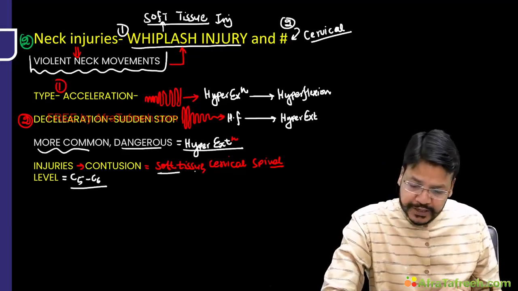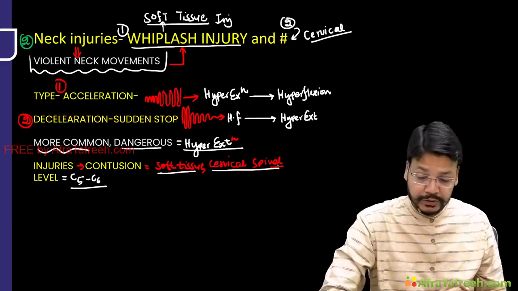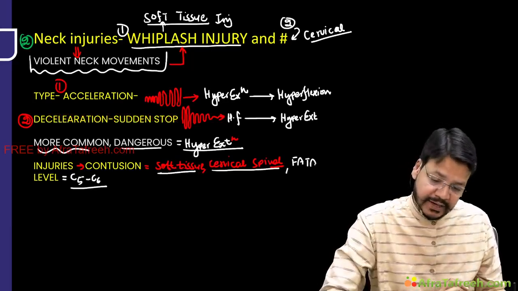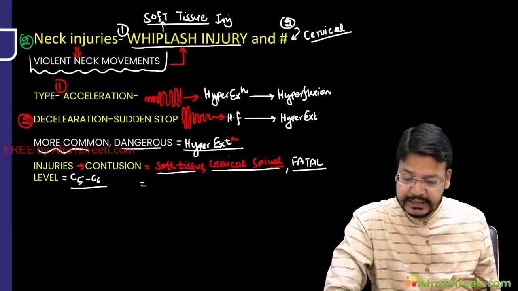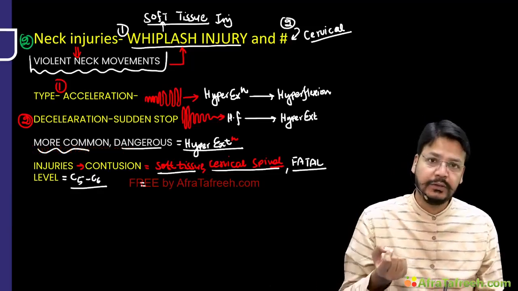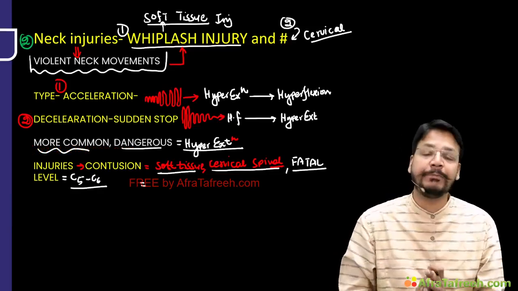So soft tissue injury of cervical spinal area, a fatal contusion. Sometimes it becomes a very, very fatal contusion of the spinal cord. So my dear friend, this is an injury of spinal cord. This is soft tissue injury. And my dear friend, this is known as whiplash injury.